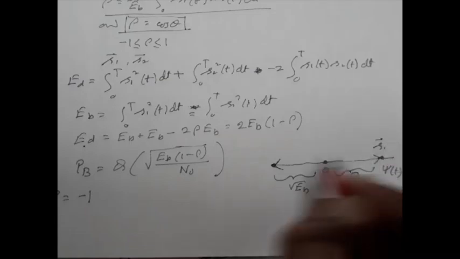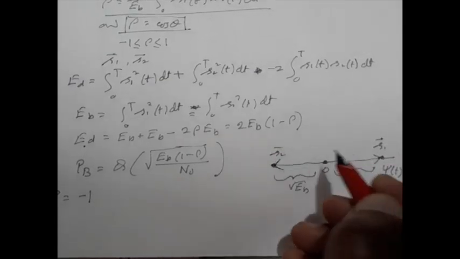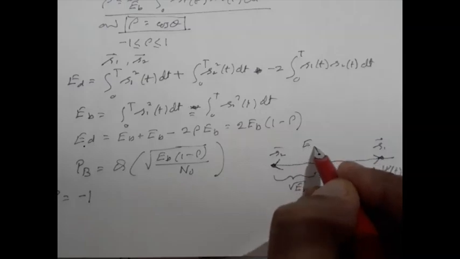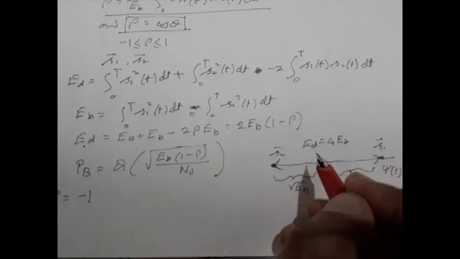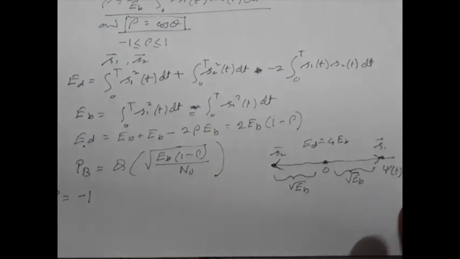This is S1, this is S2. Here ED equals 4 EB. An example is bipolar signaling.